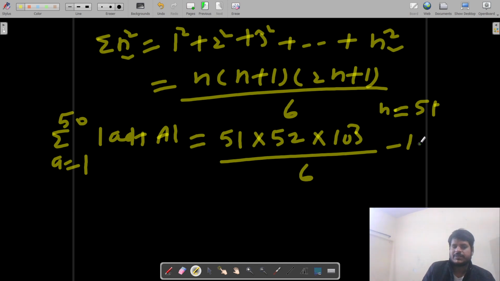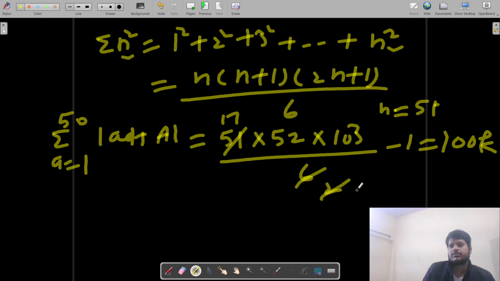Dear student, in the present problem we have sigma a equal to 1 to 50 of determinant of adjoint equal to how much? It is given as 100k. Now we will simplify here. 3 times 17 is 51, 3 times 2 is 6, 2 times 1 is 2, and 2 times 26 is 52.